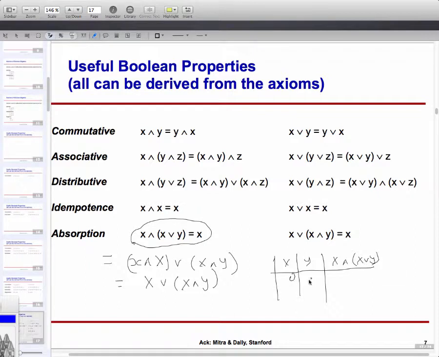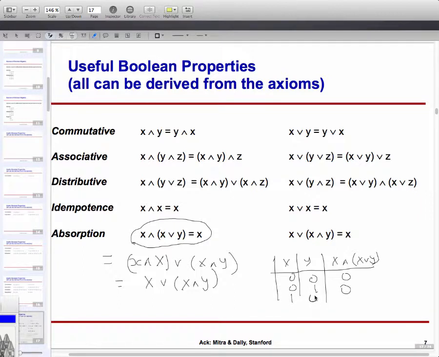If it is both 0 and 0, then x or y is 0, and 0 and 0 is 0. If it is 0 and 1, x or y is 0 or 1, so that's 1. And then x and 1, x is 0, so this is 0.